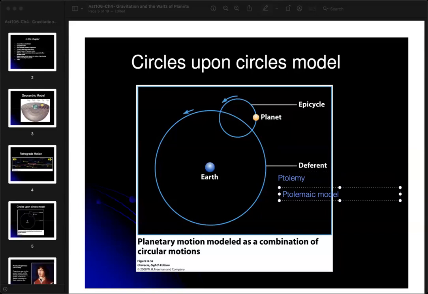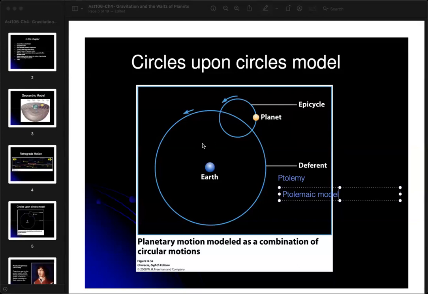So they just tried to keep the Earth in the center, and they tried to make some changes so that it would fit the observation. But the problem was that in the real world, the Earth is not at the center. Instead, the sun is at the center. So all these changes didn't really satisfy.